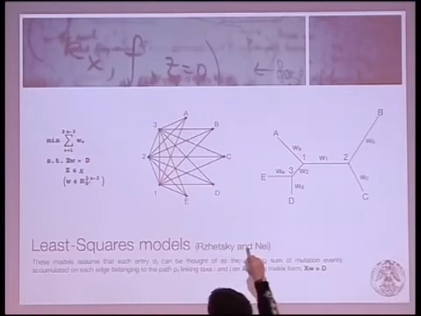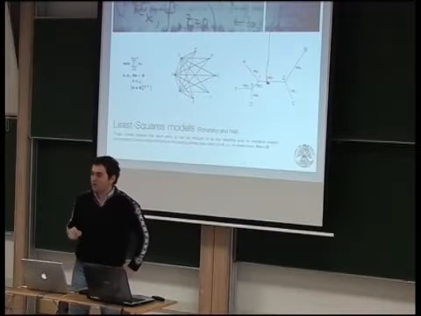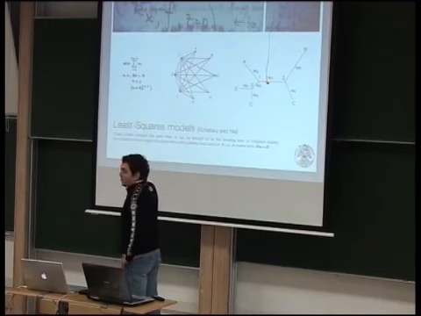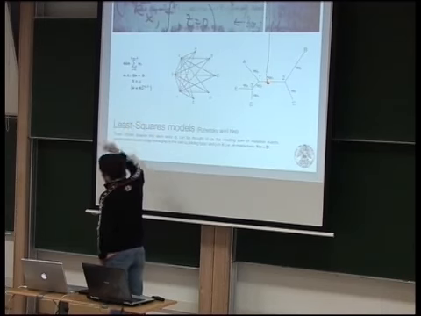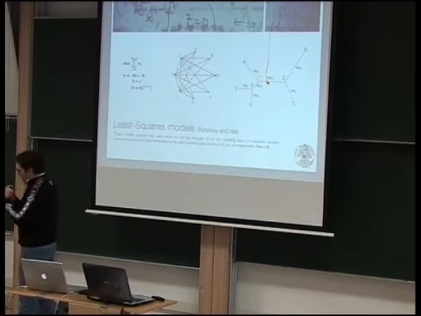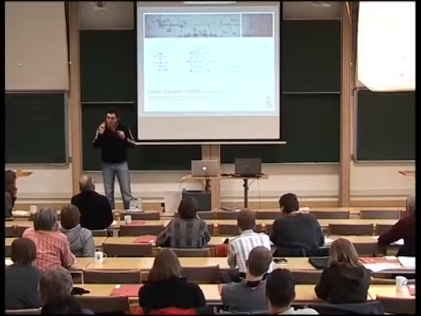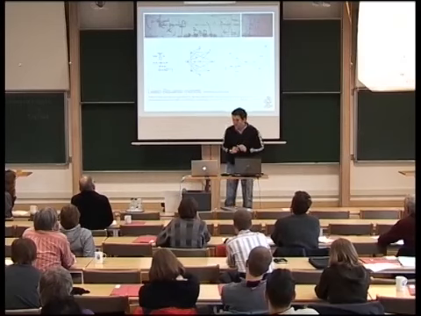In mathematical programming terms, this can be translated into this convex optimization program. If I indicate with w_e the generic edge weight associated to the edge of my phylogeny, I want to minimize the sum of the edge weights, so the length of the tree, with the condition they proposed in the additive model: for each path from a taxon to another, the observed distance must be equal to the sum of the edge weights belonging to the path.